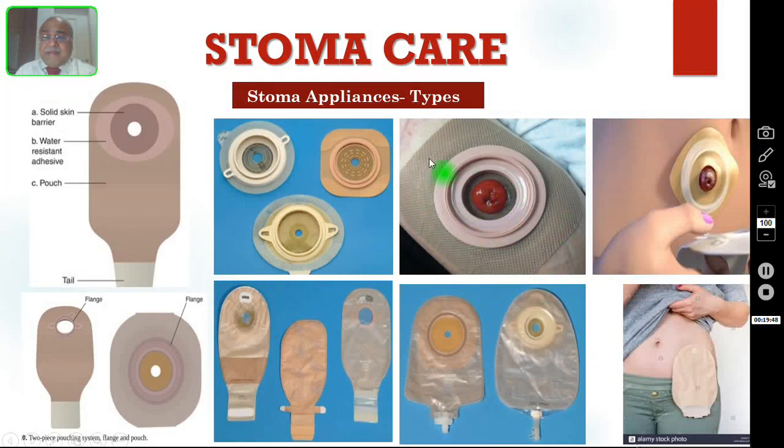So after sticking this flange to the patient's body, you can apply this bag here. After applying, this is what you are seeing here. This is the final thing. This is a two-piece system. This is the final result. Before applying to the patient's skin, everything should be dry. Then only you have to apply.